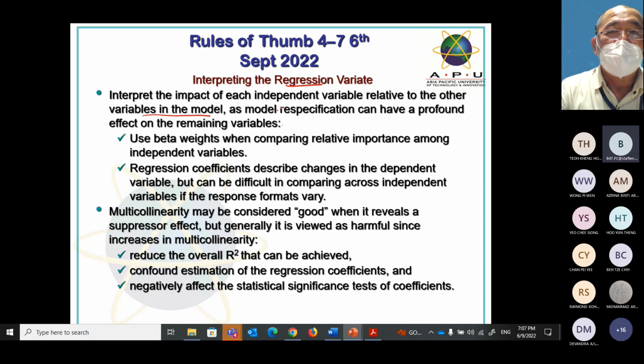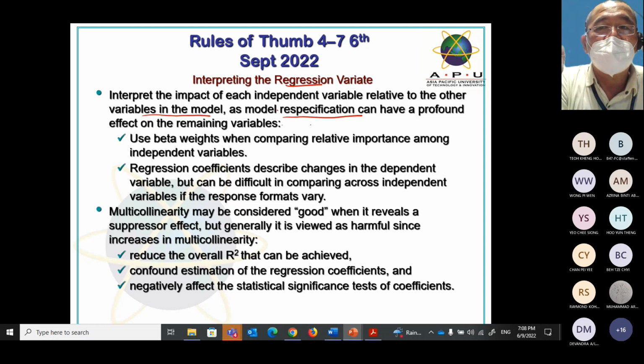It means you do some comparison. You have to see which one is significant, which one is not significant, which one rejects the null hypothesis, which one you cannot reject the null hypothesis. Sometimes you need to re-specify your model. Let's say the model is not too good, the result is not too good, you may need to re-specify your model.